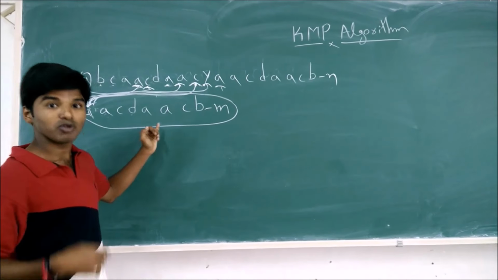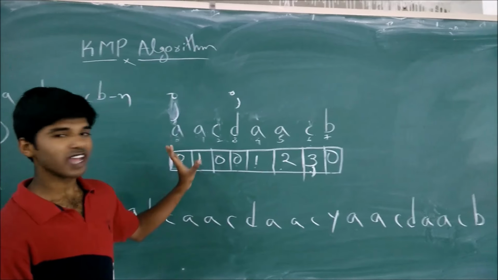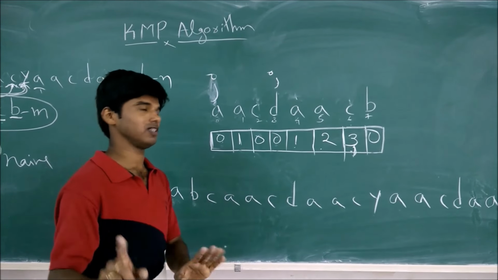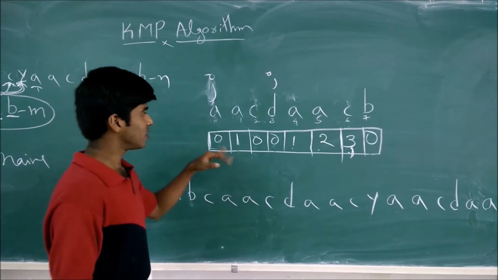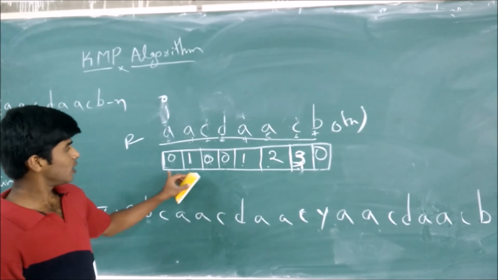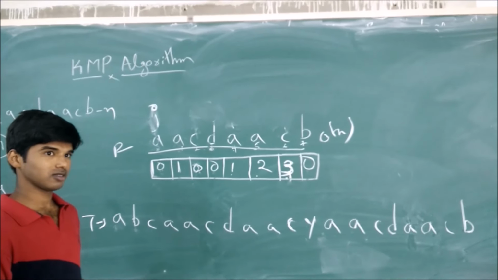Iterate over the text to find the pattern. Coming down the text, certain characters have already been matched, and we need to know from which character onwards we should be matching in the pattern.